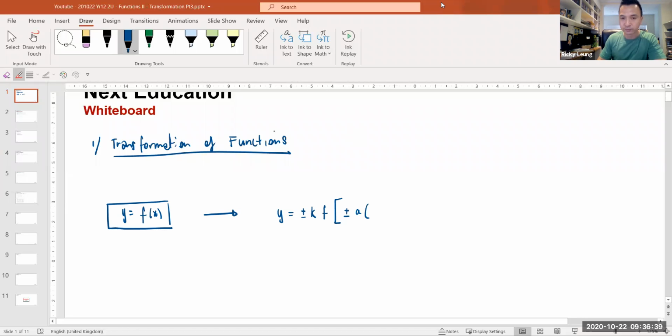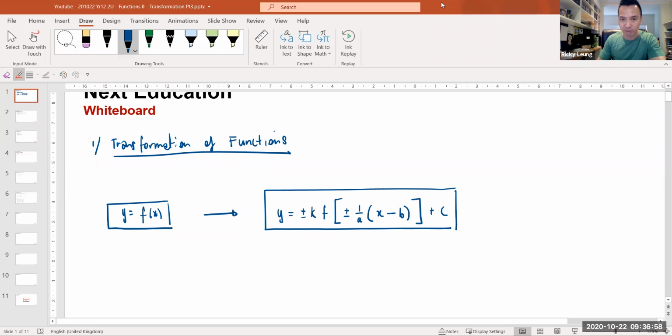So you've got x, so maybe I'll call it 1 on a, which is actually reflective of the horizontal dilation, x minus b. I'll do minus so that we know which way to describe it, plus c thereafter. In here, I'll leave some space above and below this box to give it some notes.